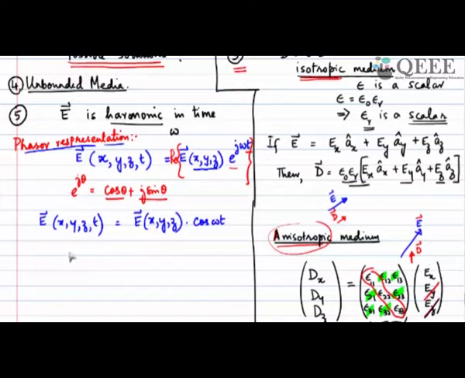but I will use this phasor representation simply because when I use it, del by del t of vector E is actually del by del t of vector E(x, y, z) e power j omega t, which is, now e power j omega t, the derivative is j omega.